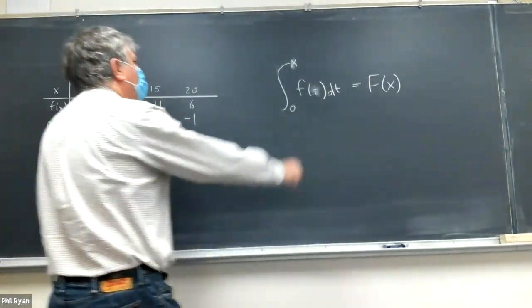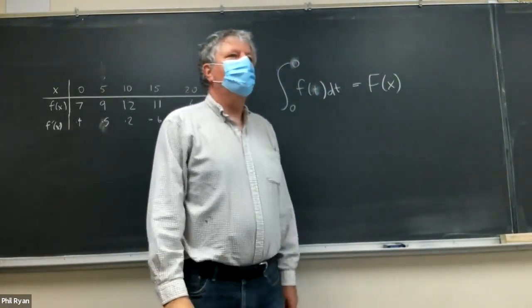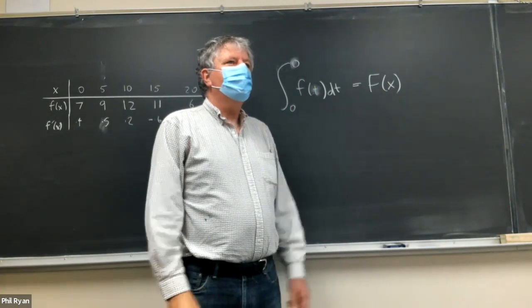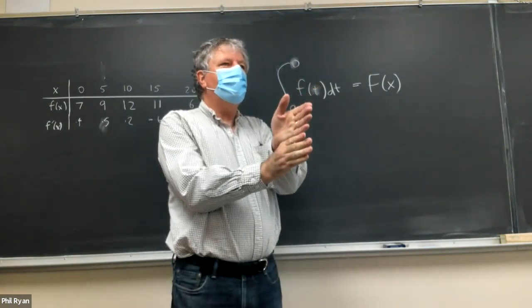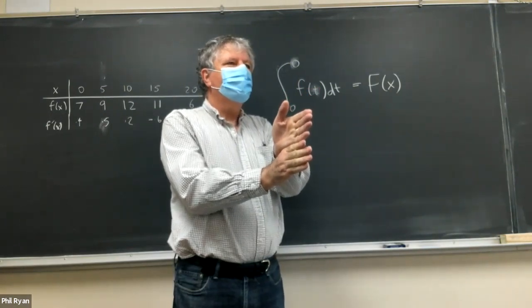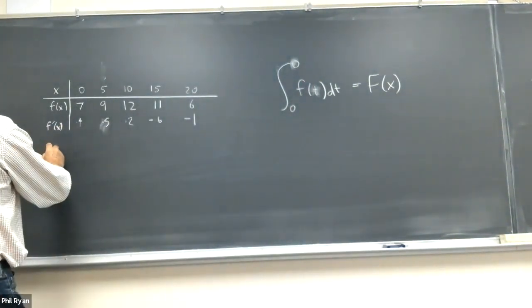So how do we go about doing something like this? Well, what is going to be the integral from 0 to 0 of any function? What's the area under a rectangle with no width? 0. Exactly.